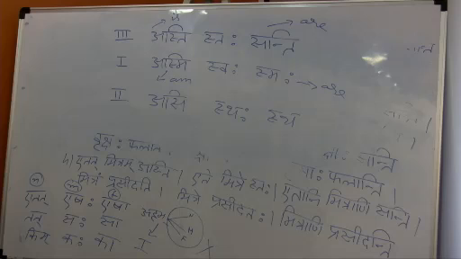Aham chalakah asmi, I am a driver. Avam chalakau swaha, vayam chalakaha smaha. So watch the noun. If it is masculine, derive it as masculine. Feminine in a feminine way. Ninth one. Aham samshodhakah asmi.